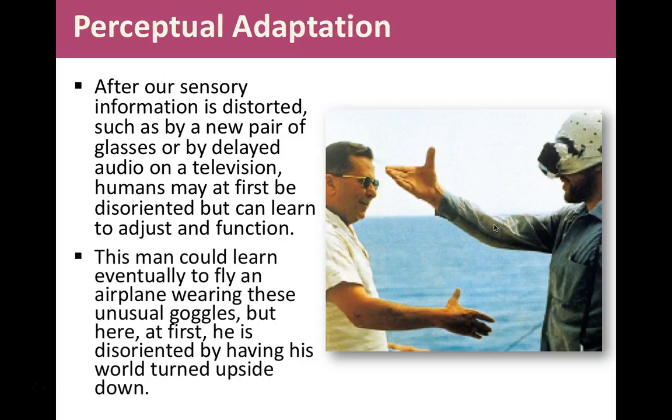But as time goes on, the subjects in this research, including the researchers themselves who first tried this out, kept this on 24/7. And gradually they adapted, essentially to the point where the world flipped back up, or shall we say, the upside down world seemed natural.